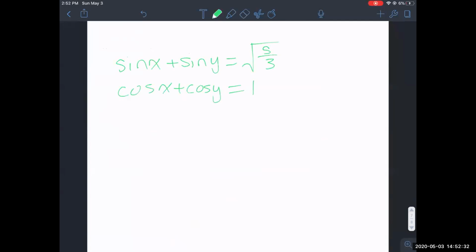And we want to find cosine of x minus y. Just as a hint, don't use sum to product. That will just make your life worse.